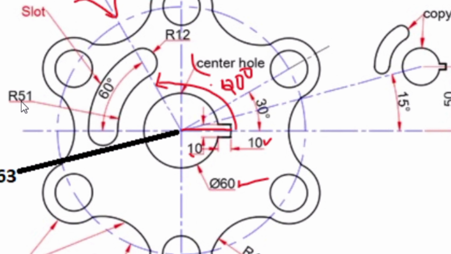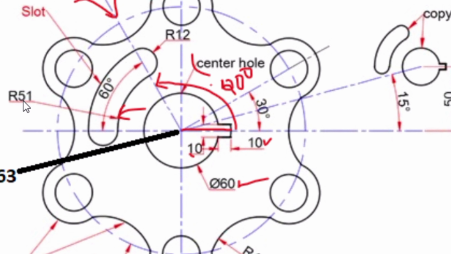So one thing available here is the radius of this circle. The radius of this arc is 51, and the radius of this arc is 12. You could draw this in many ways as per your idea, but I'm going to use some of the easiest methods.